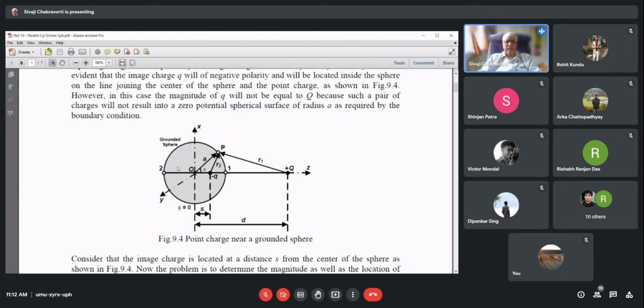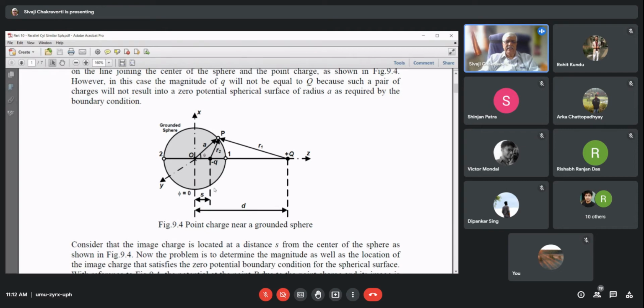As a solution to that, what we are saying is, let's say this minus q, small q, as you can see, is at a certain eccentricity from the center, and this distance is s, as you can see in the figure.